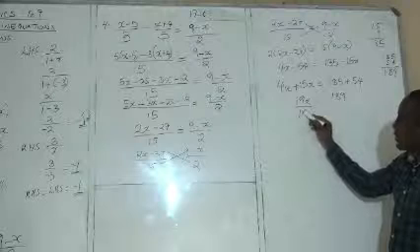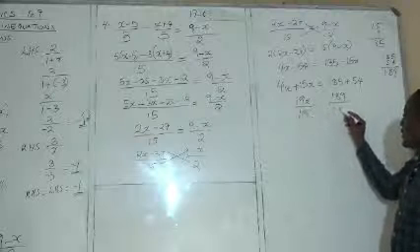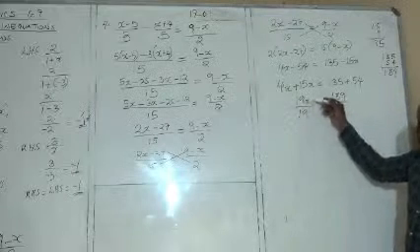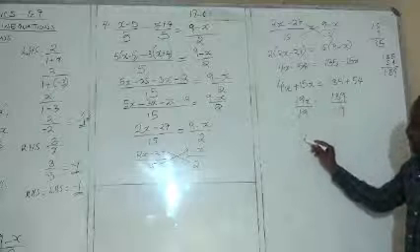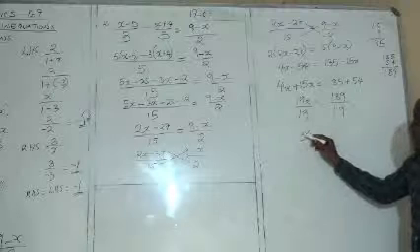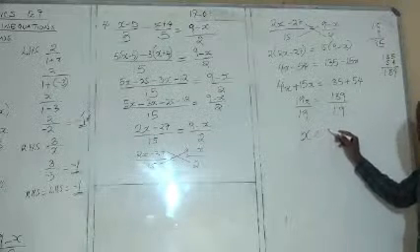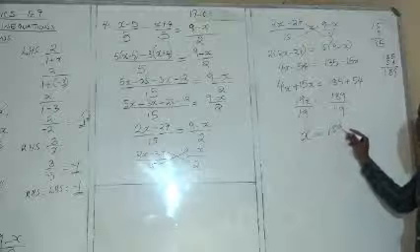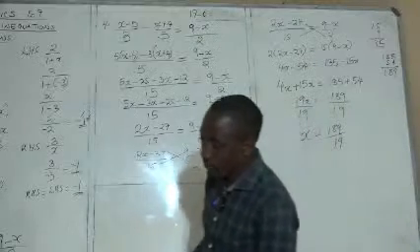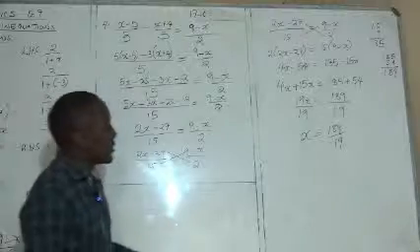So we'll simply divide by 19, and the other side we divide using a 19. So 19 divided by 19, so this side will remain with the x. Okay, so we'll remain with the x, and we have 189 divided by 19. So we should get the value of 189 divided by 19.